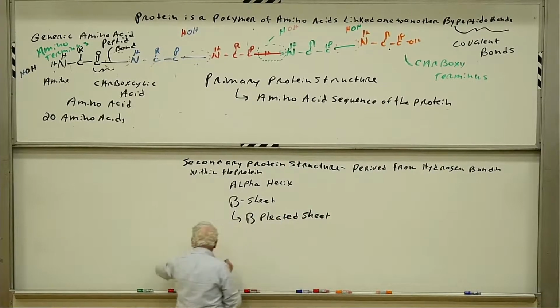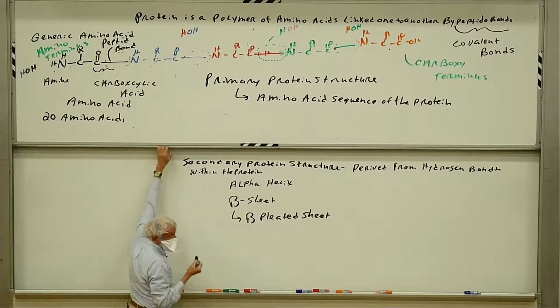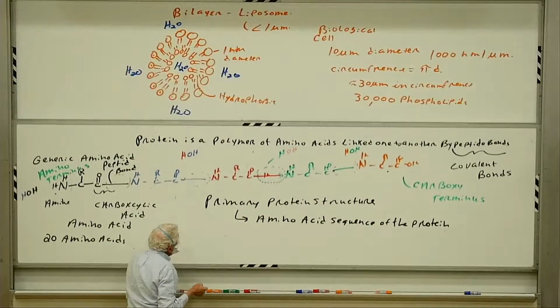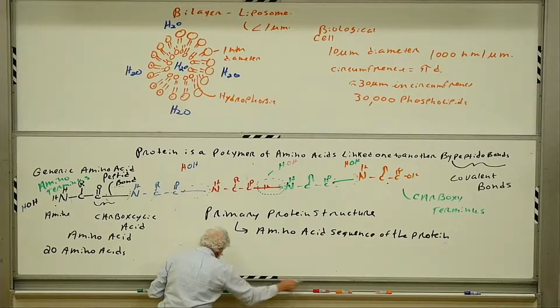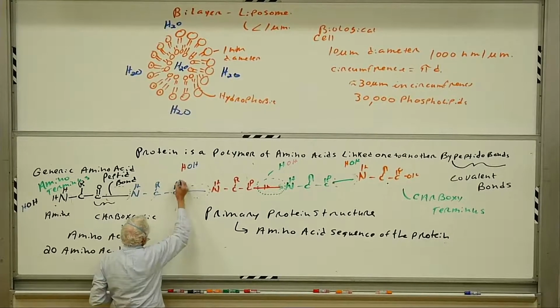Now, before we move on to that, let me go back up to the primary amino acid sequence and remind you that each of these double bonded oxygens will have negative charges on them.